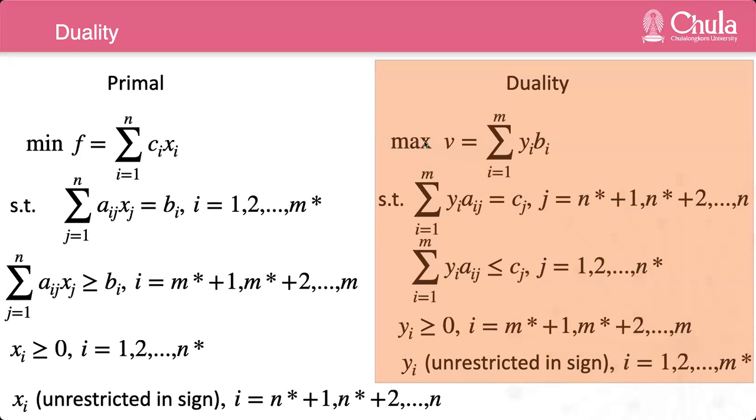However, in the dual problem, it's Yi Bi instead. And we transform the constraint coefficients from C here to B here, and B here becomes C, which is the original coefficient.